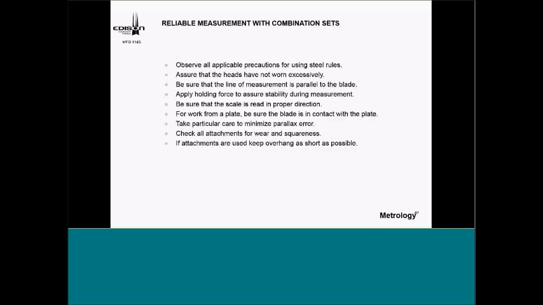For work from a plate, be sure the blade is in contact with the plate itself, a surface plate, for example. Watch out for that parallax error. Make sure all your attachments for wear and squareness are correct. I really hit that on about everything that we do, especially when we start using a dial indicator. And make sure the overhang is as short as possible.